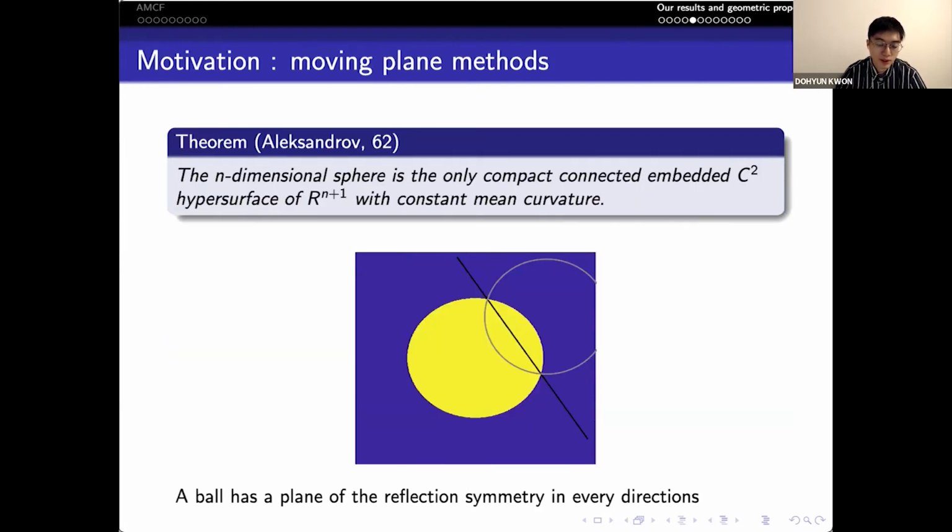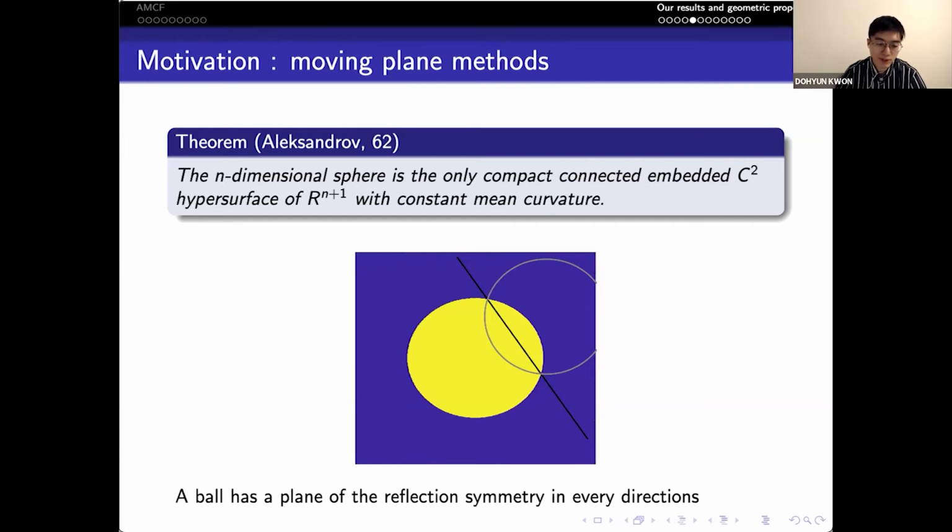All right, so the motivation of our result is the well-known moving plane method. The n-dimensional sphere is the only compact and connected embedded C2 hypersurface of R^{n+1} with constant mean curvature.